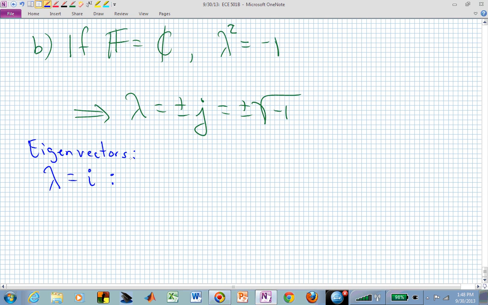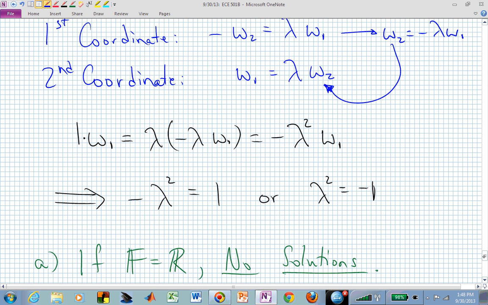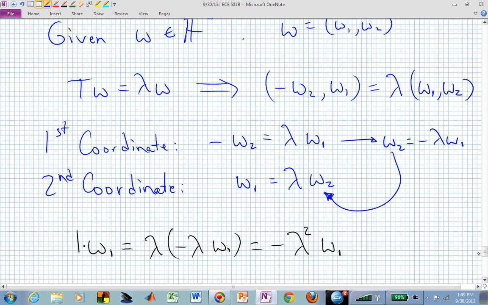So now we're looking at the eigenvectors. Now we need to go back to these equations and replace lambda with what it's equal to. Here is our governing set of equations.